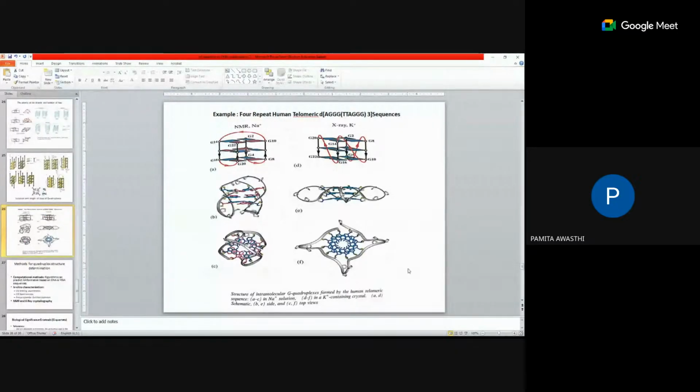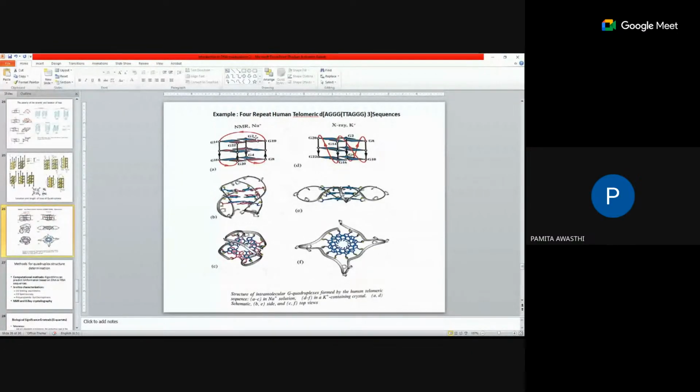If you see here, this one specifically shows the intramolecular G quadruplex geometry in sodium ion solution, in which the guanines around each tetrad are syn-syn and anti-anti.